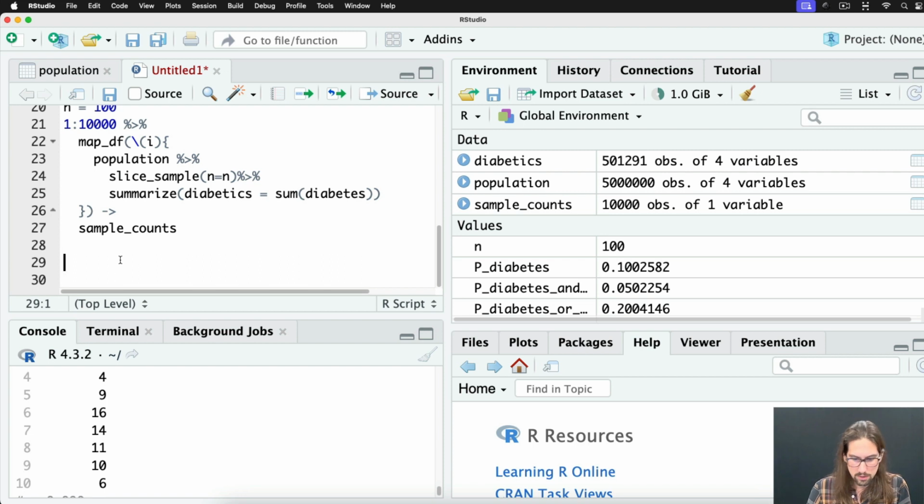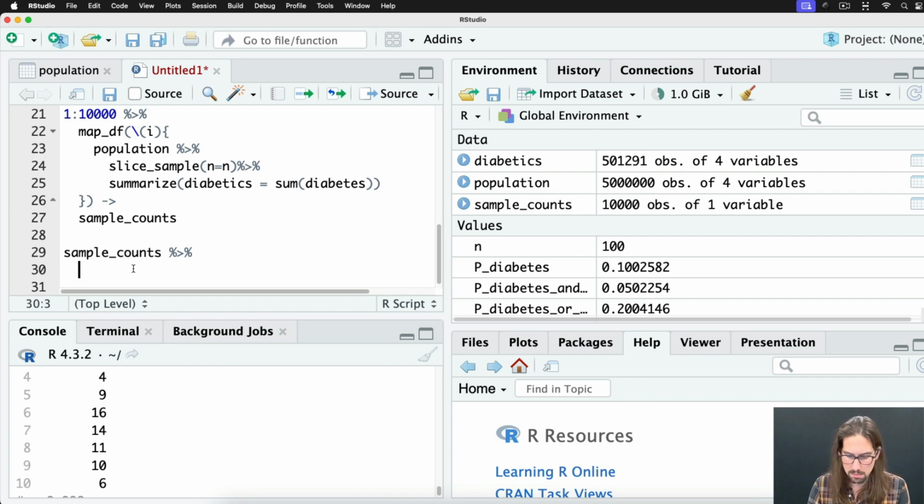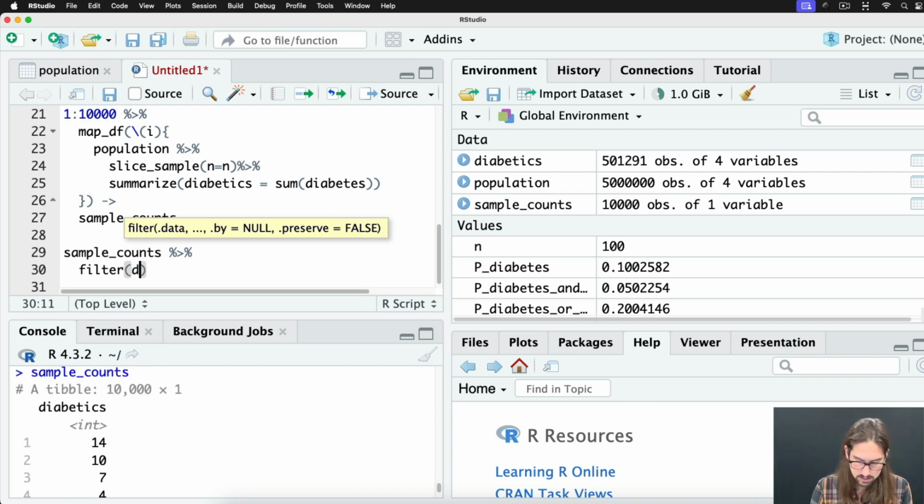If we have here our sample counts data frame, we can just ask, for example, the probability of the survey finding more than 10 diabetics. Just filter to the column called diabetics.